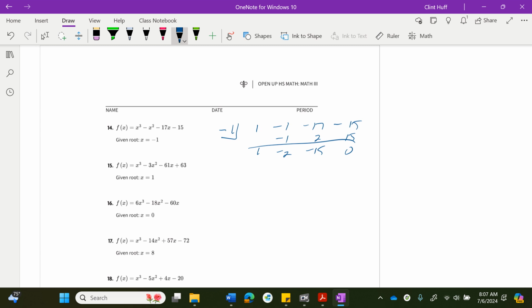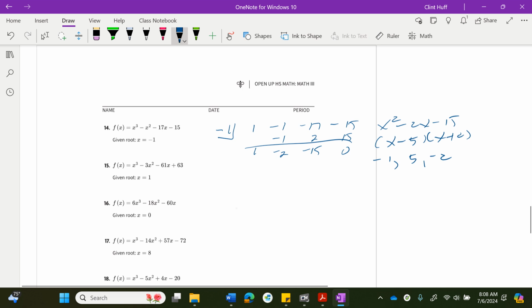This tells me the quotient of the x plus 1 divided into the f of x polynomial. So that leaves me a polynomial x squared minus 2x minus 15, which factors as x minus 5 times x plus 2. So my roots are negative 1, 5, and negative 2.